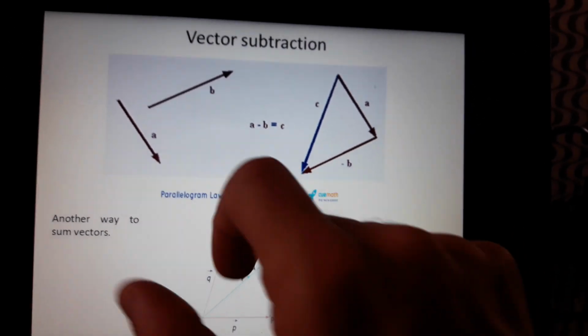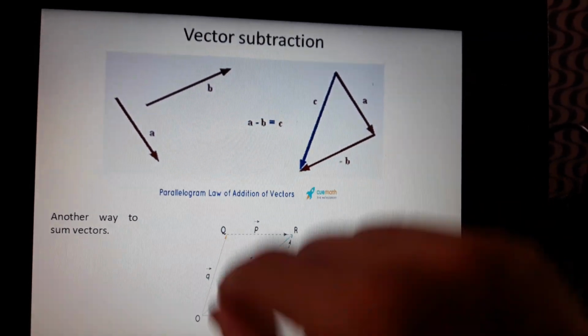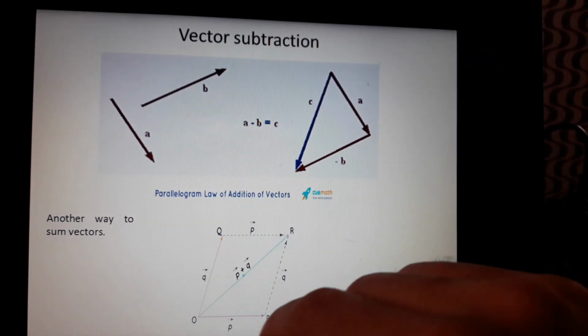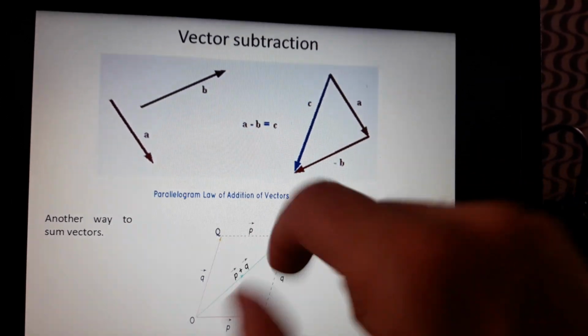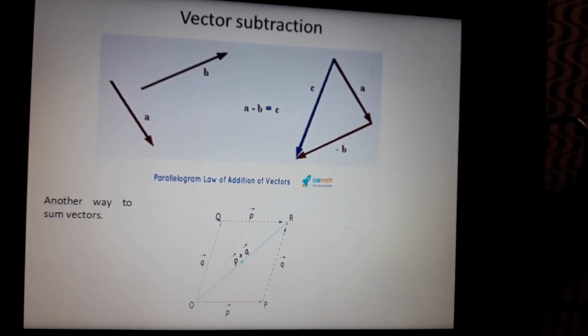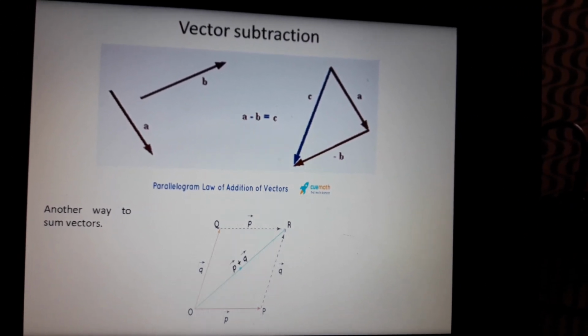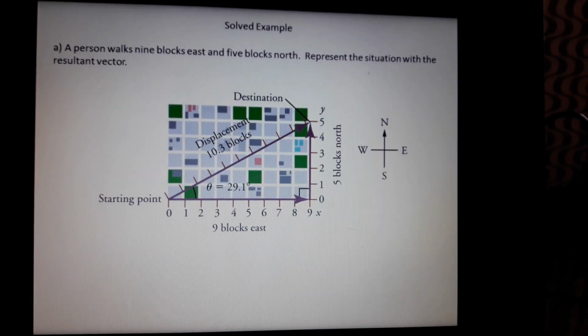It's another way to add vectors without putting the beginning of the arrow at the end of the other arrow. We can put this dashed line here and this other dashed line here, and draw it to explain. So we have a solved example here.